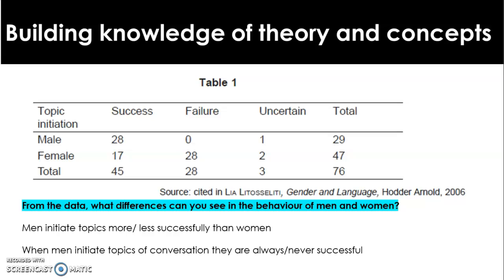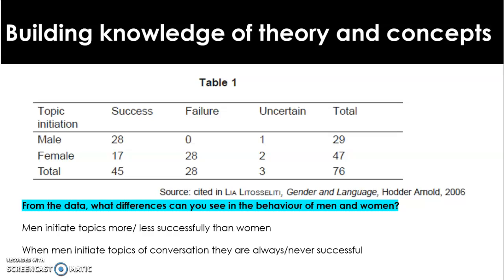For example, you might write down, well, due to this data, men initiate topics more or less successfully than women. When men initiate topics of conversation, they are always or never successful. What I want you to do is give me 3 conclusions, 3 statements of difference that you can see in the behaviour of men and women based on this data.